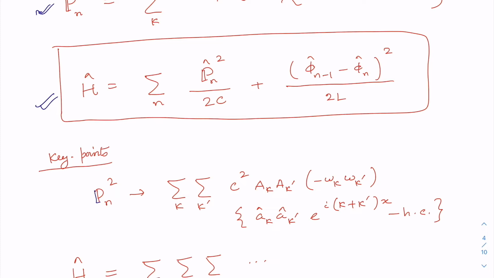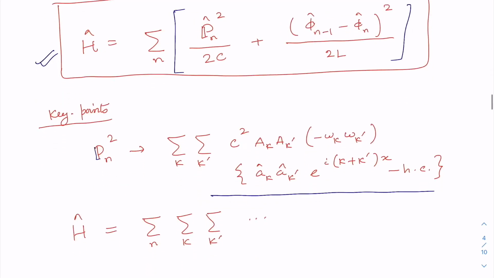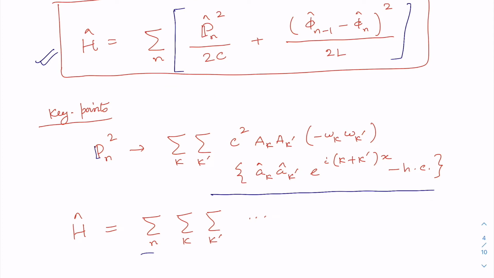You see that when you square p_n, you get this kind of a term here, and you have to sum over two k's, k and k dash, and because the Hamiltonian is already summed over n, there are effectively three sums.